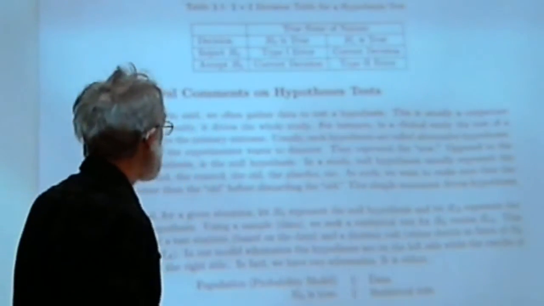The true state of nature is at the top, H naught is true, well, I guess I'm using H1. There I'm using HA. I always use HA in the notes. H naught is true or HA is true. And then there's your decision, you reject H naught or accept H naught. If you reject H naught and H naught is true, that's a type 1 error. And if you accept H naught but H sub A is true, then that's type 2. Okay?